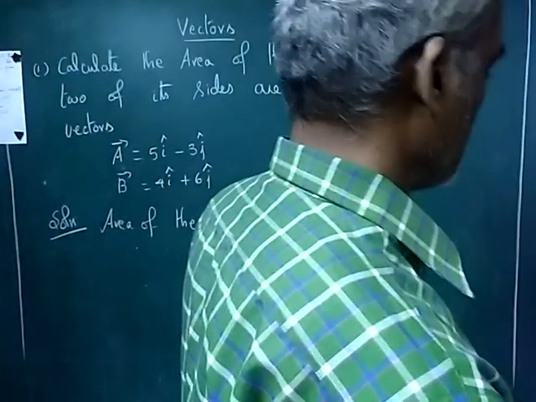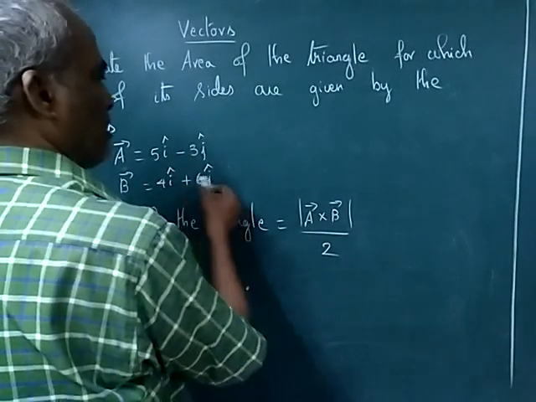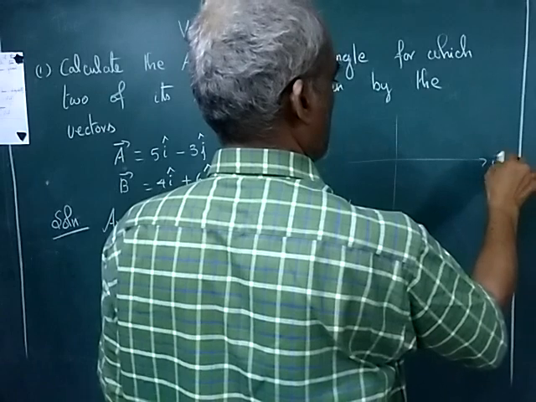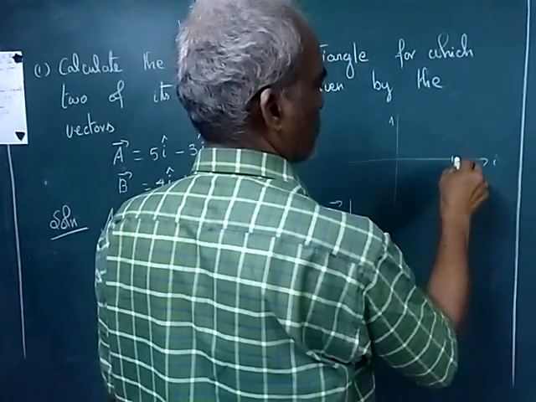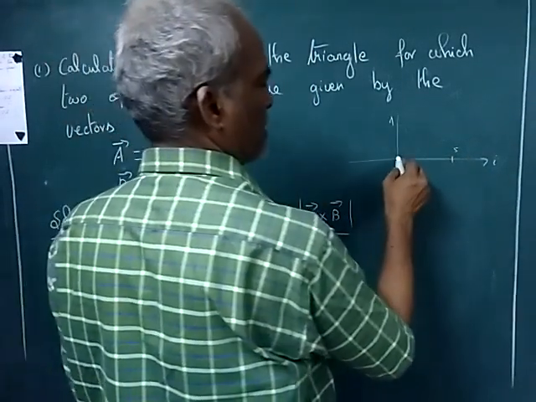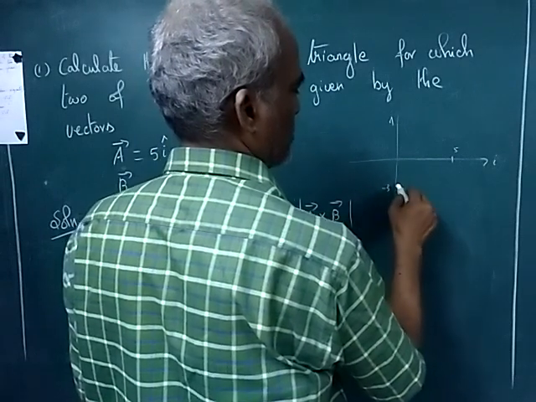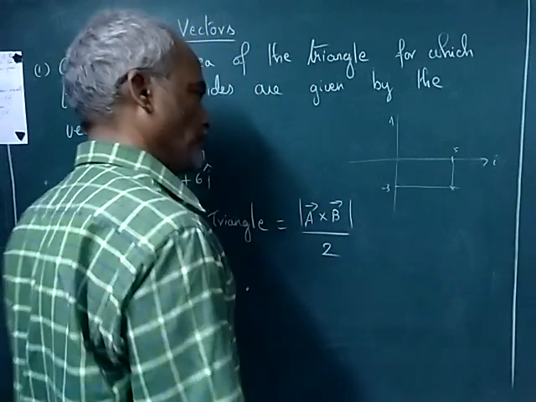So the first vector is i, then j, here also i j. So roughly if you plot, this is i, this is j. So 5i will be somewhere here, 5. Minus 3j, this is plus j, minus 3j may be here, minus 3. So the meeting point is this point.